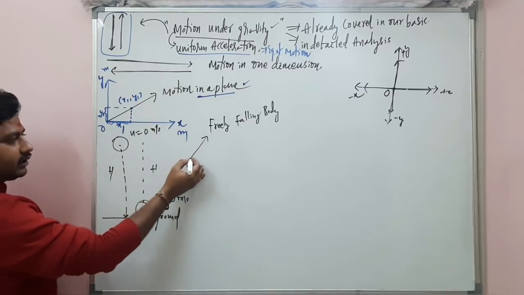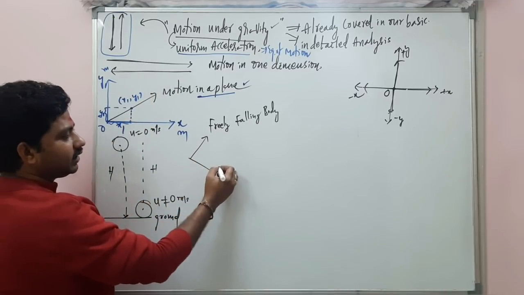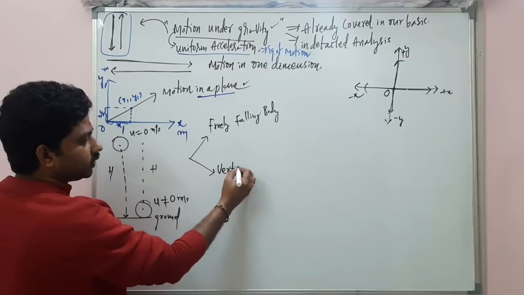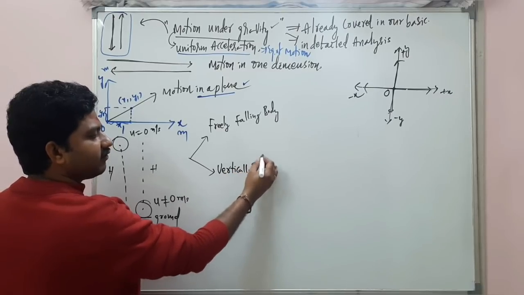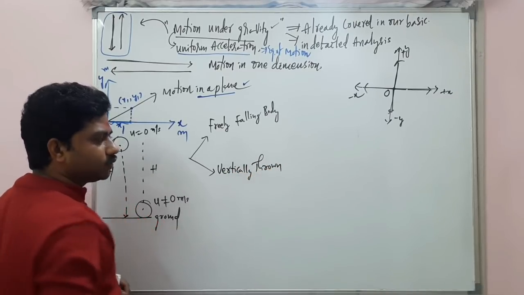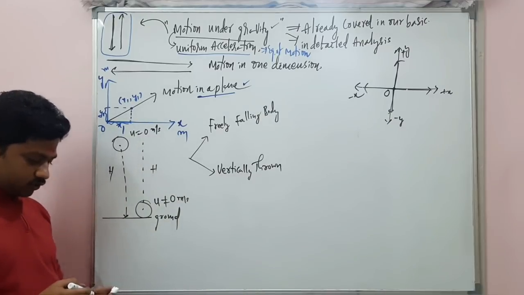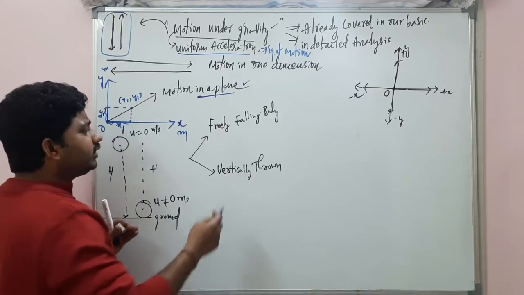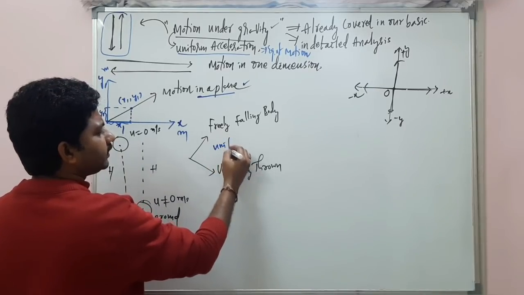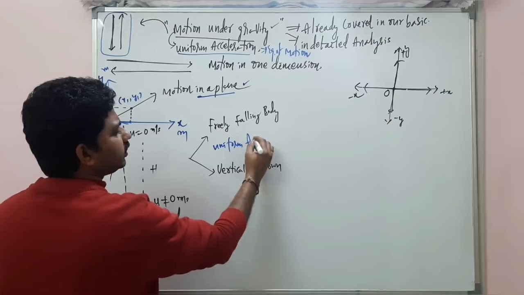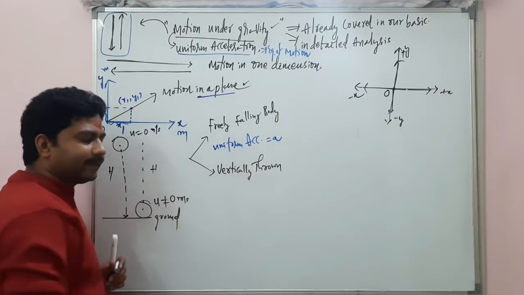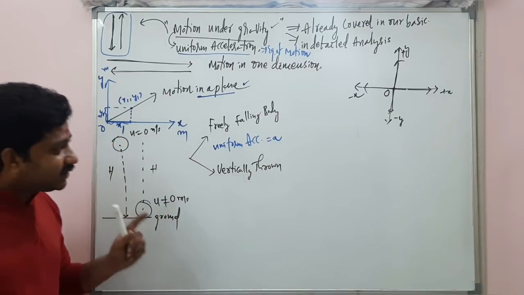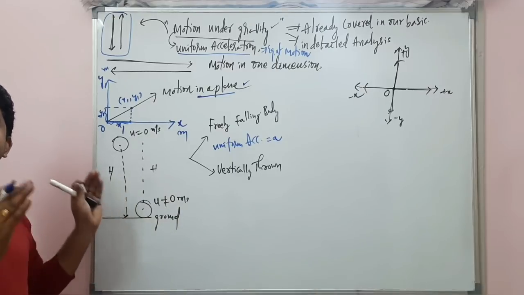uniform acceleration. Let's see the second case. Vertically thrown. Freely falling, vertically thrown. Two cases are there. In these two cases, the uniform acceleration is A. And this uniform acceleration is due to what?